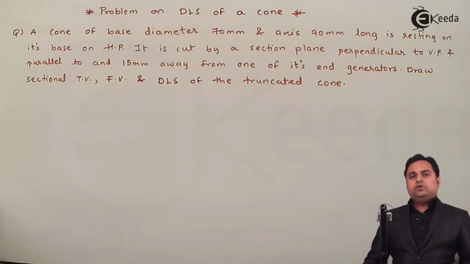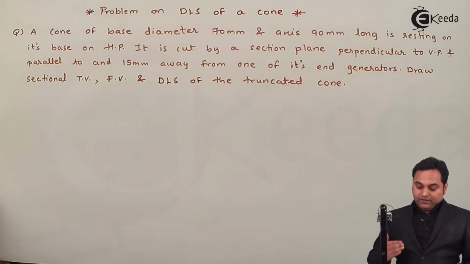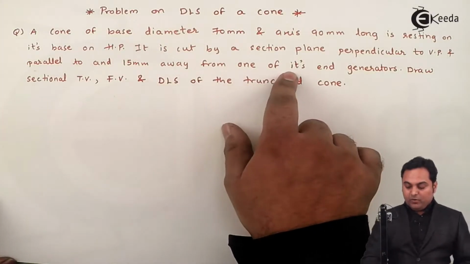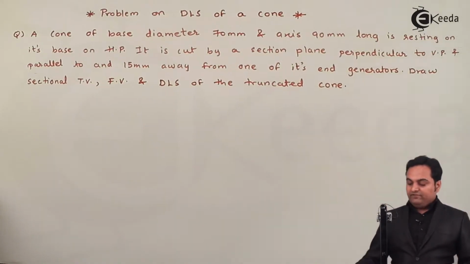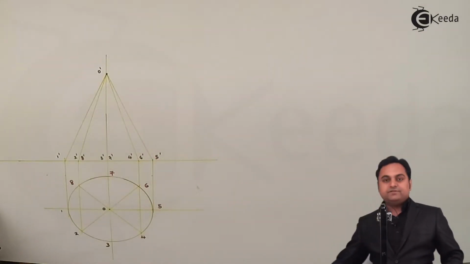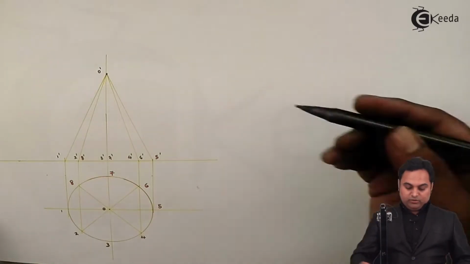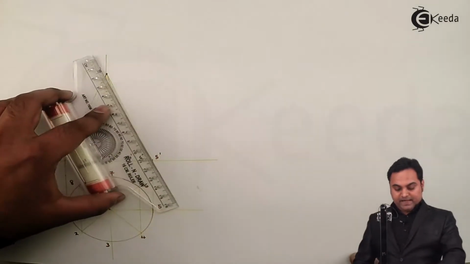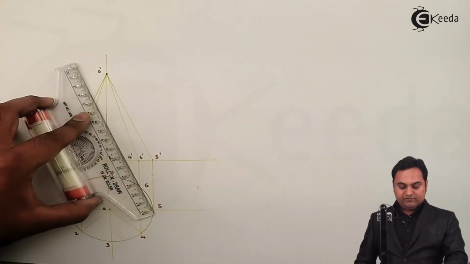So here they have not given the inclination of the cutting plane, but they have said that the cutting plane is parallel to and 15 mm away from one of its end generators. So I have to take one of the end generators as the reference. Here if I take O dash 5 dash as the reference, so cutting plane will be parallel to this end generator and 15 mm away from it.